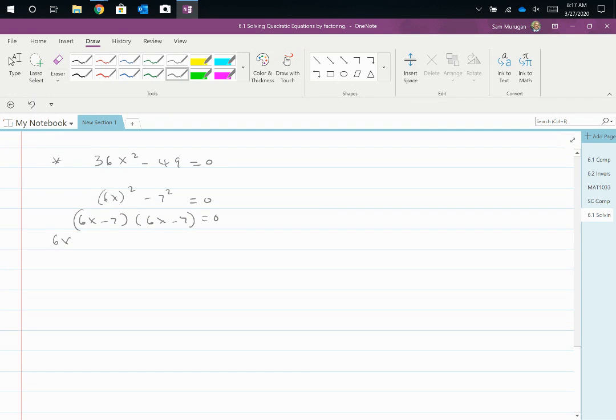Set 6x minus 7 equal to 0, so 6x is equal to 7, so x is equal to 7 over 6. Then set 6x plus 7 equal to 0, so x is equal to negative 7 over 6.